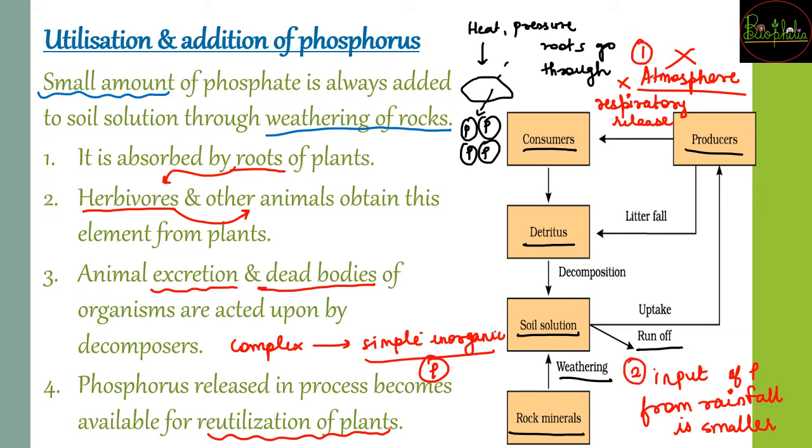So these are the two differences from the carbon cycle, or you can say from the gaseous cycle. So what is the difference between the gaseous cycle and the sediment cycle? The two are that the atmosphere is not included because respiratory release is not found. The second one is that the input from the rainfall is going to be very minimal.